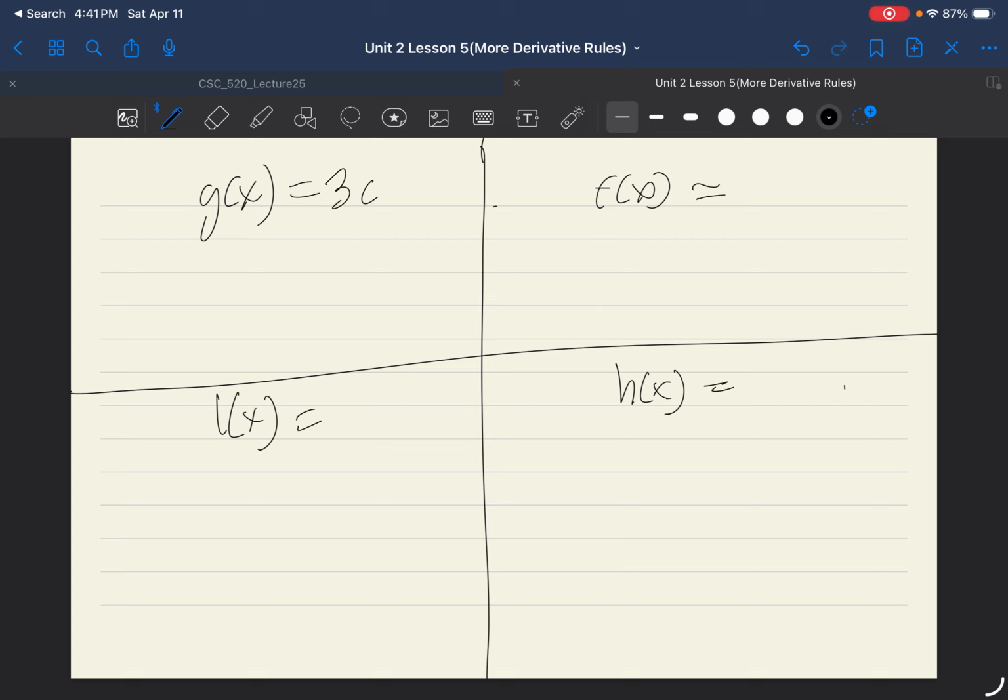This will be equal to 3 cosine of x. This will be equal to minus sine of x. We'll call this 3e to the x. And this will be equal to 3 ln of x.